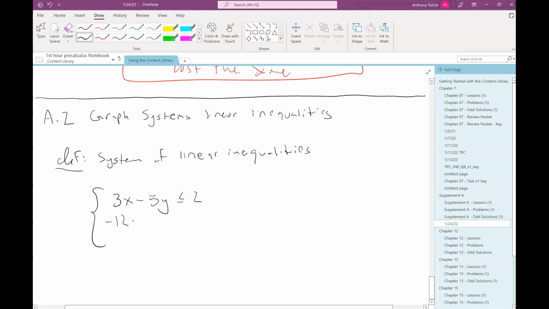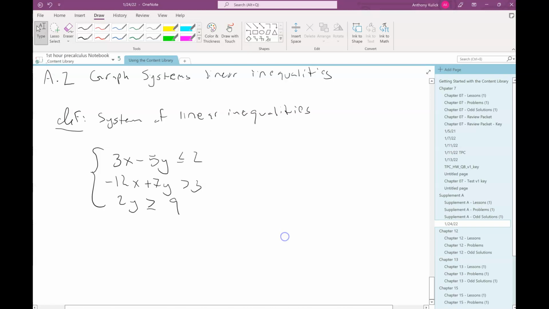And the fact that it's an inequality means that instead of equal signs, we have less thans, greater thans, less than or equal to's, or greater than or equal to's. Now, a solution is a little bit different here for linear inequalities.